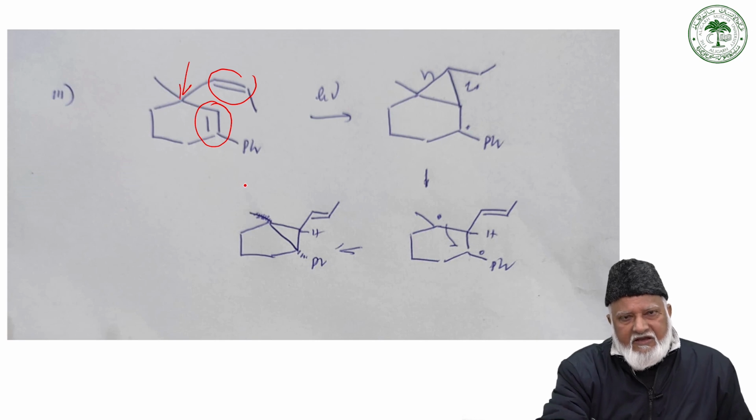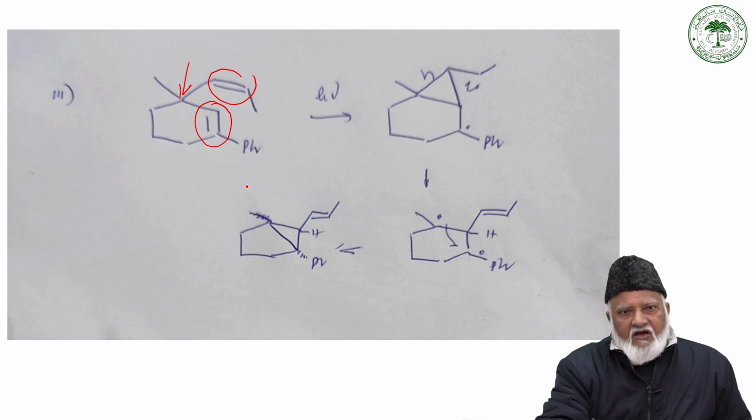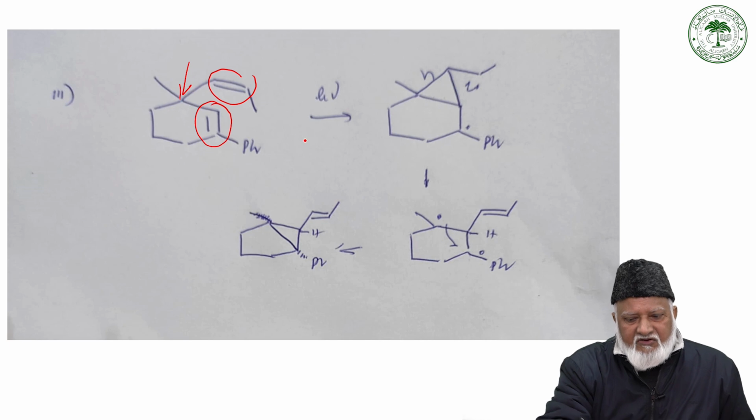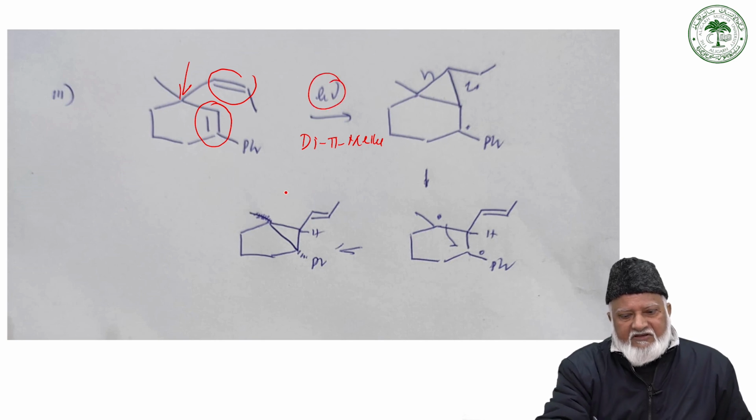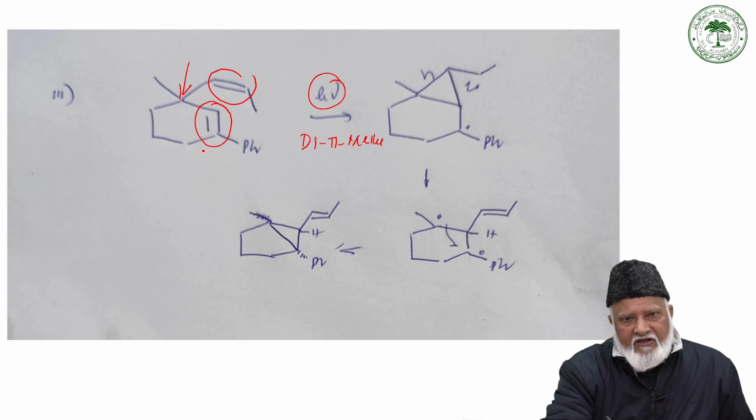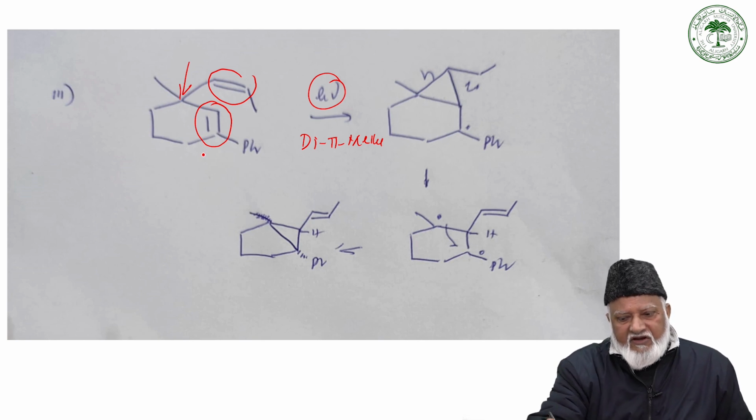This is once again nicely set for di-pi-methane rearrangement under photolytic conditions. So the first step is the excitation of one of the double bonds, either this or this, followed by formation of the cyclopropane ring. So we have directly gone to the cyclopropane formation to a 1,4 diradical species.